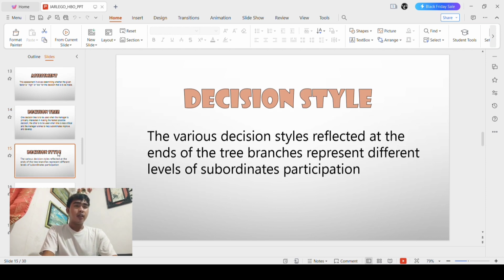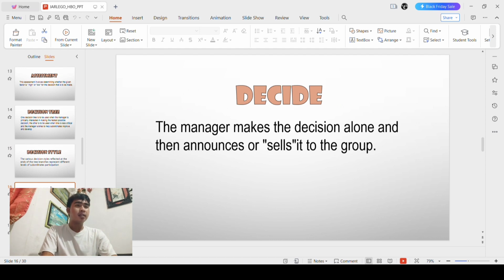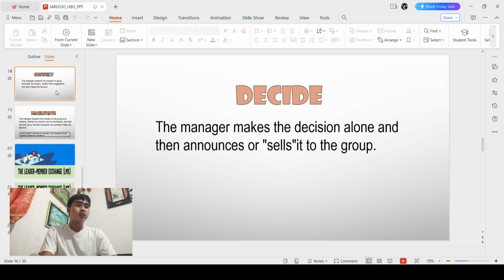Decision style. The various decision styles reflected at the end of the three branches represent different levels of subordinates' participation. Next is decide. The manager makes the decision alone and then announces or sells it to the group. Next is consult.